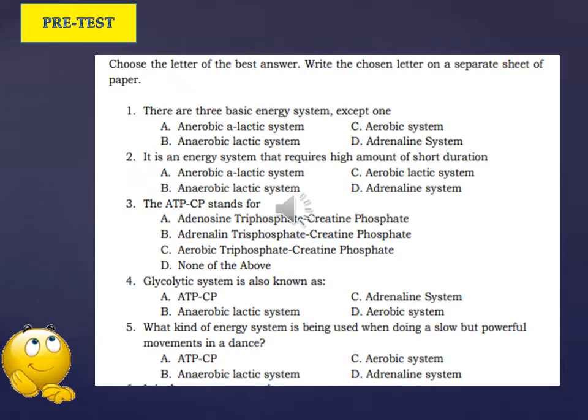Number 5. What kind of energy system is being used when doing a slow but powerful movements in a dance? Letter A. ATP-CP. Letter B. Anaerobic lactic system. Letter C. Aerobic system. And letter D. Adrenaline system.